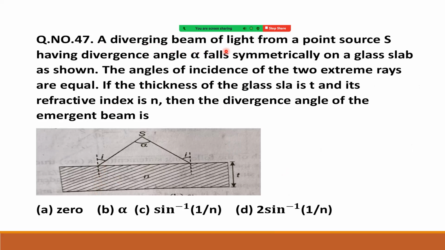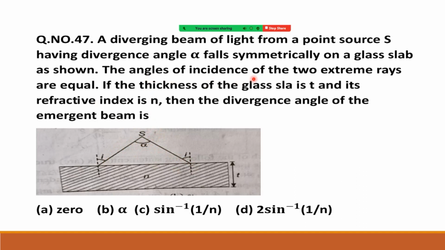A diverging beam of light from a point source S having divergence angle alpha falls symmetrically on a glass slab as shown. This is the point source. Light rays are diverging from the point source. This is now the angle of divergence alpha.